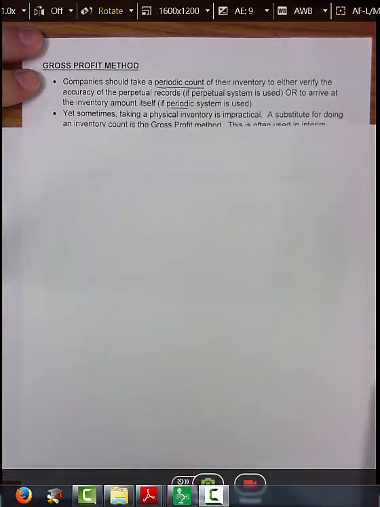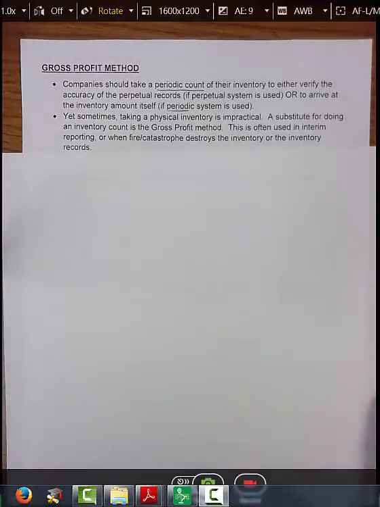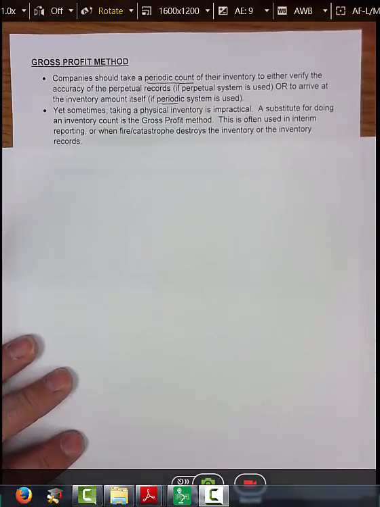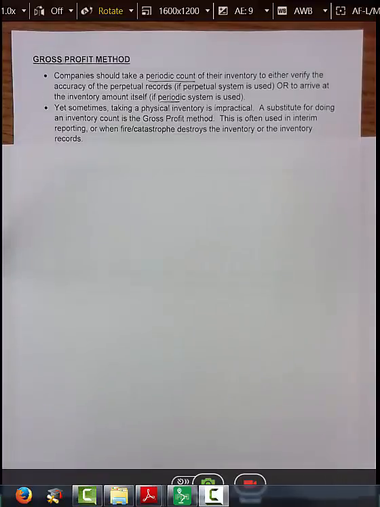Either way, you need to be taking a count of your inventory usually at least annually. However, sometimes it is impossible or impractical or very expensive to take a count of your physical inventory.